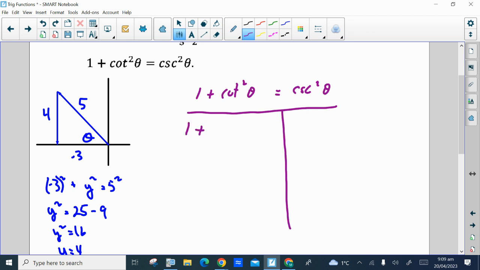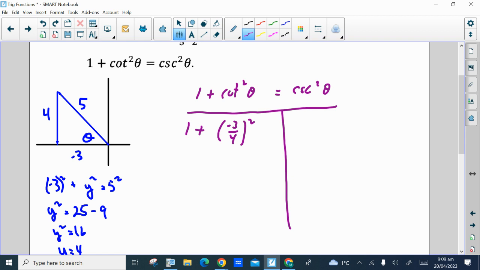So cotan squared theta means the cotan of theta all squared. The tangent will be 4 over negative 3, opposite over adjacent, so the cotan will be the reciprocal, negative 3 over 4. And that should equal the cosecant of theta all squared.